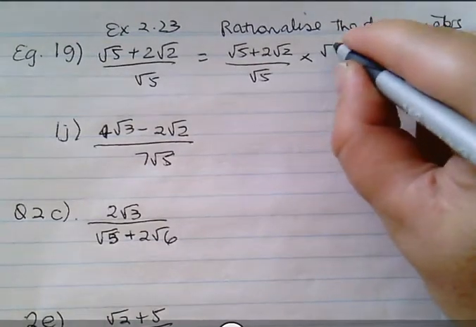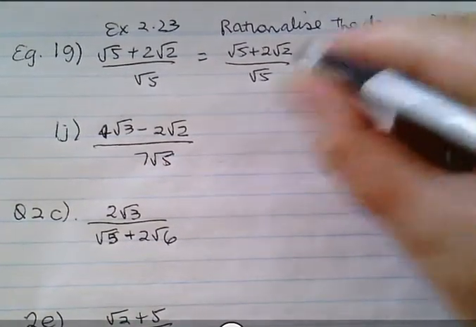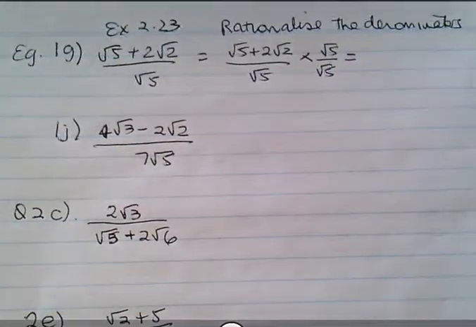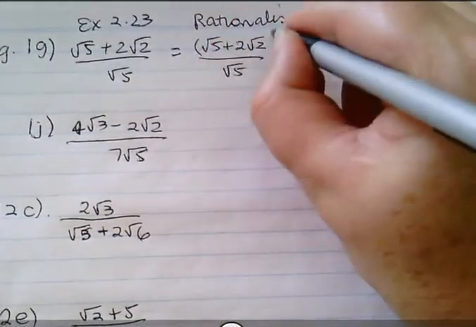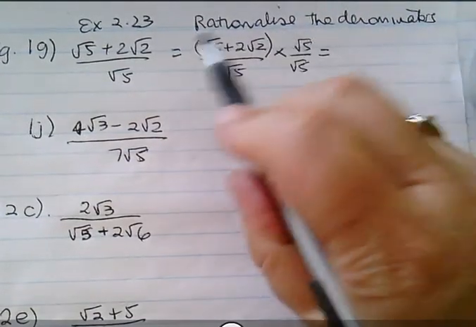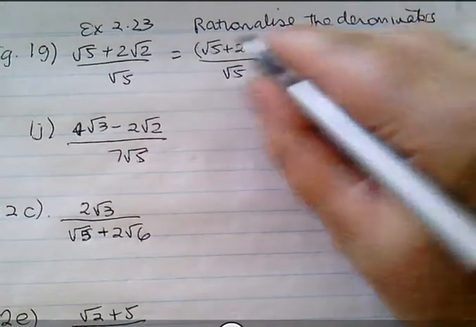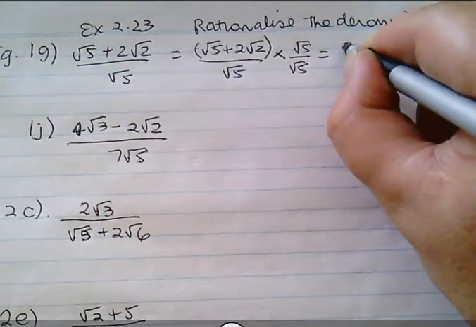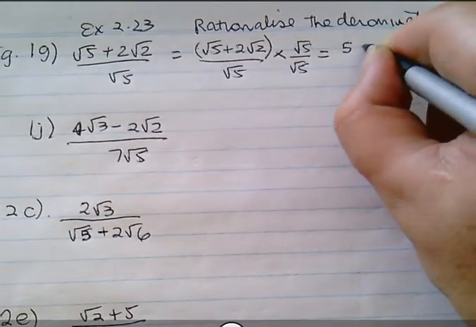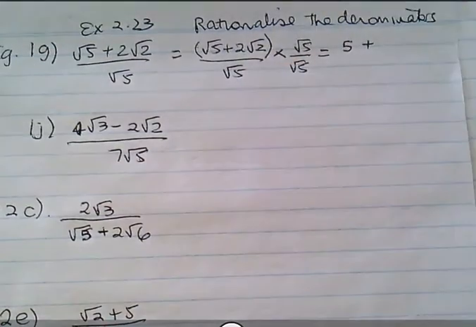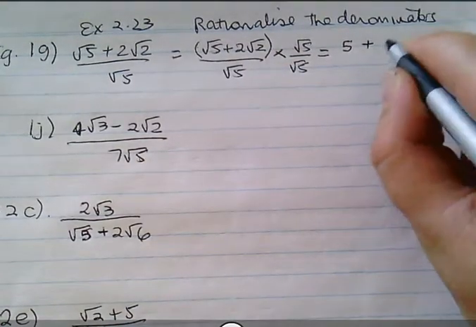Times root 5 over root 5, which is, I'm just going to work across because I haven't left much room. So it's root 5, because there's more than one thing on the numerator here, it's root 5 times the first thing, root 5 times the second thing there. So what have I got? Root 5 times root 5 is root 25, which is 5, plus root 5 plus 2 root 2 is, what is it?